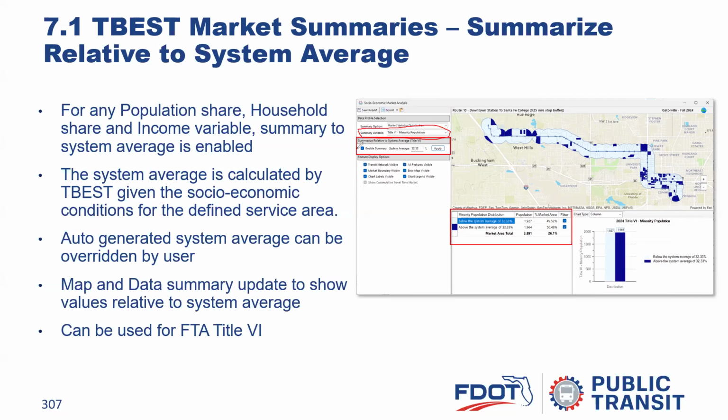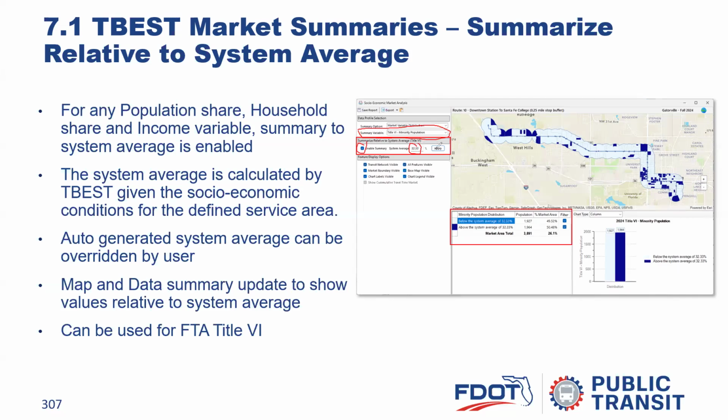And if we check this enable summary, in this box for summarize relative to system average or Title VI, it will automatically look at the service area definition and find that it's 32.3% is the system average minority population.